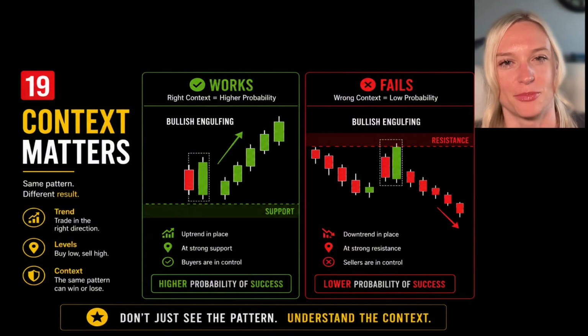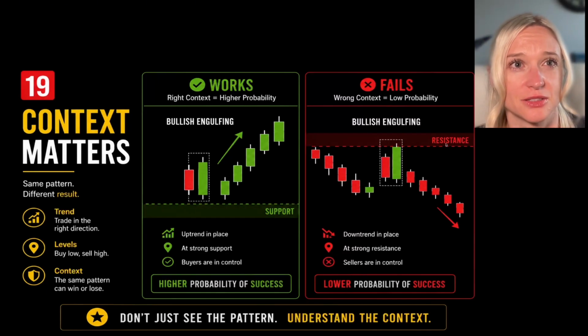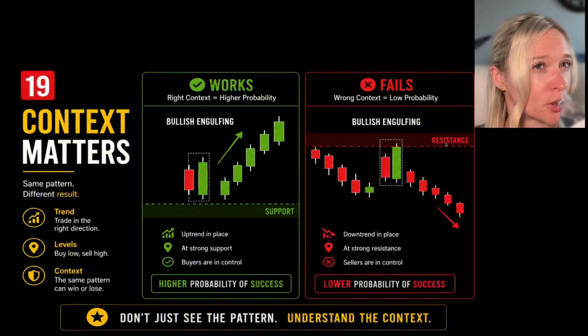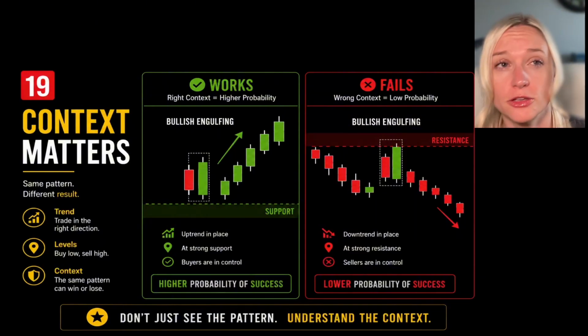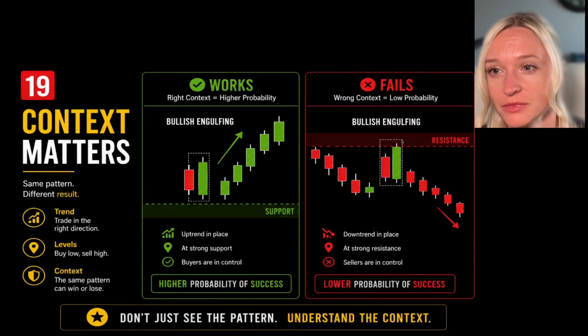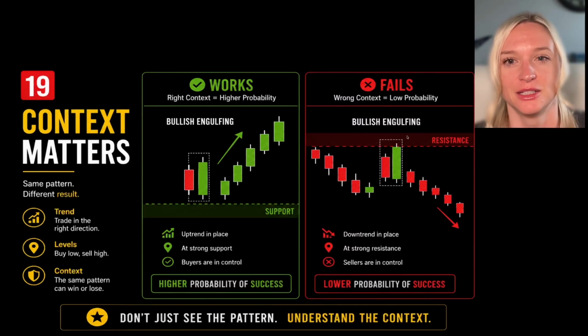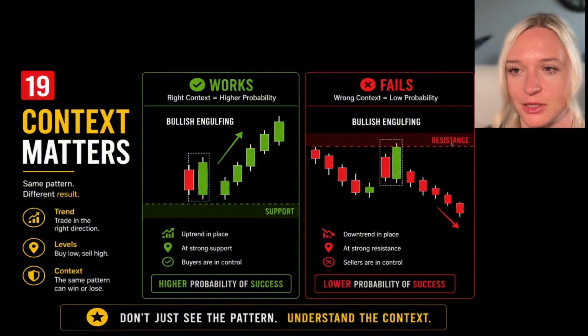Trading is about probabilities. Why would you want to put your money on resistance? The word itself is resisting. It's going to resist you. Can you break the resistance? 100%, of course you can. But if I see resistance, then most likely everybody else sees the resistance here.